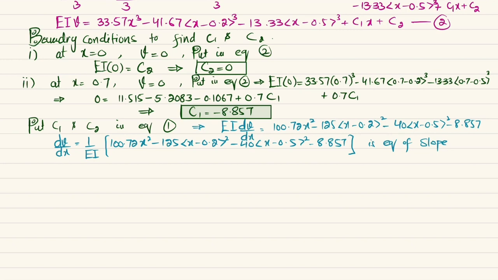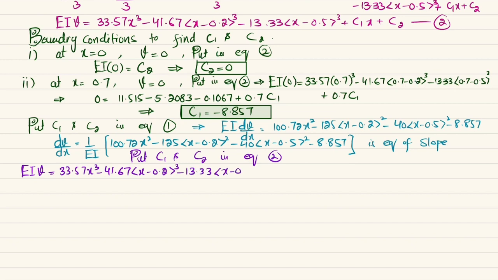Now put C1 and C2 in equation number 2. You will get EI into V equal to 33.57x³ − 41.67⟨x − 0.2⟩³ − 13.33⟨x − 0.5⟩³ + C1 x, where C1 is −8.857, and C2 is equal to 0.